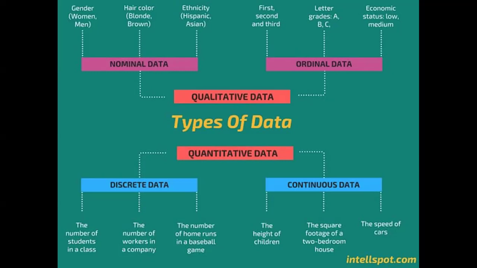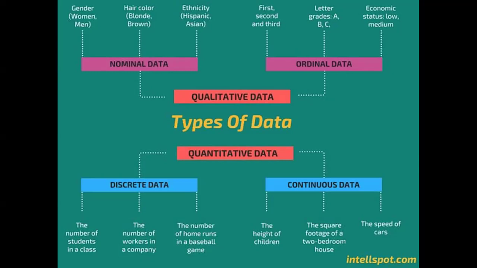Continuous data helps you, for example, if I want to study increasing temperature or blood pressure, anything that can be measured in decimal points. It can be 1.0000001 or 1 point something.